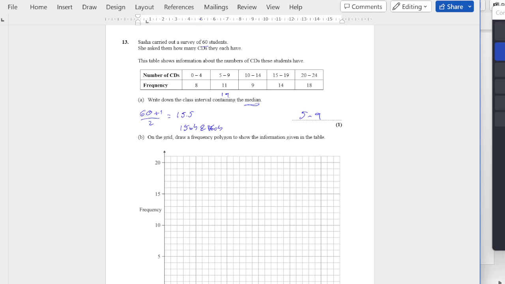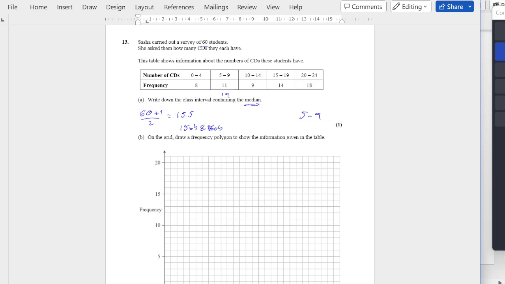So the median is going to be the halfway in between the 15th and the 16th value. The first 8 values are 4 or less. The first 19 values are 19 or less. So the 15th and the 16th value are both in that range. So that's how we find the median.